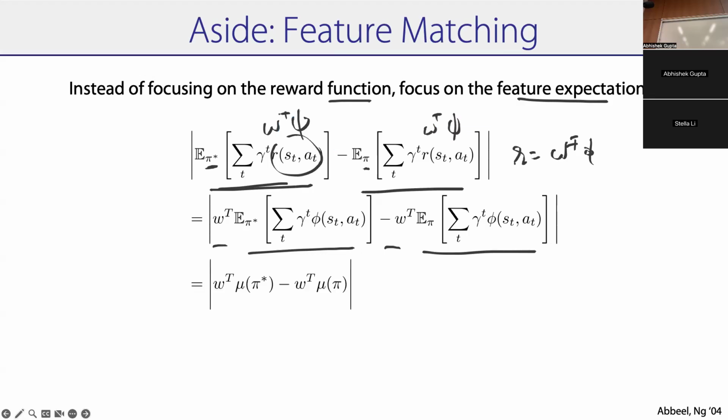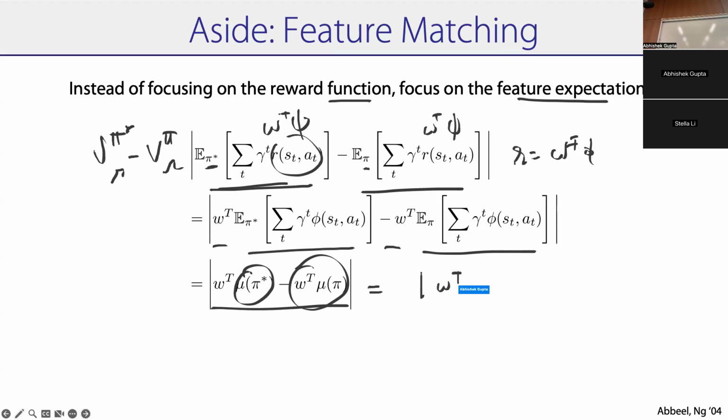Good. And so we can see that the difference in value between V pi star and V pi R is W transpose of expected features under pi star minus W transpose of expected features under pi, right? Now you can write this as W transpose times mu pi star minus mu pi.